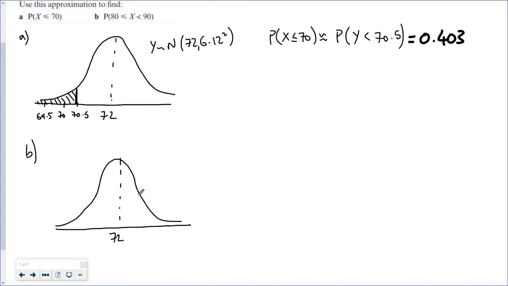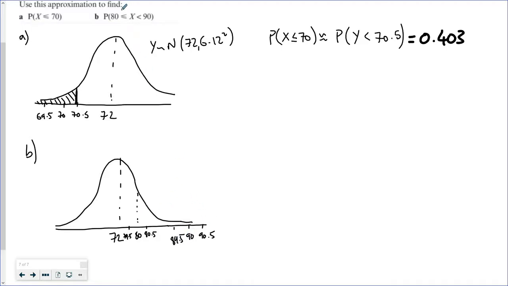And I'm going to go 0.5 below and 0.5 above. So we've got 79.5 and 80.5. And I'm going to put 90 on my diagram as well. So we've got 90 somewhere, and I'm going to go 0.5 above and 0.5 below.